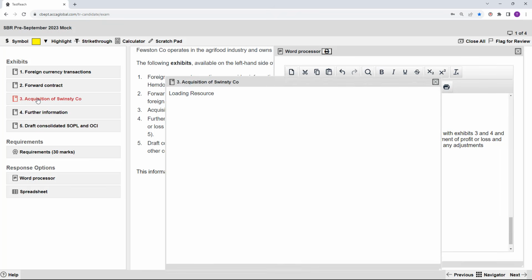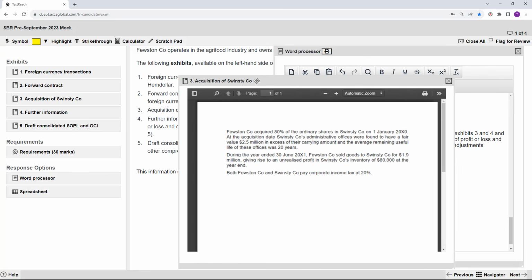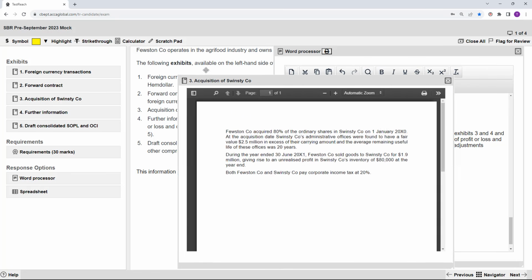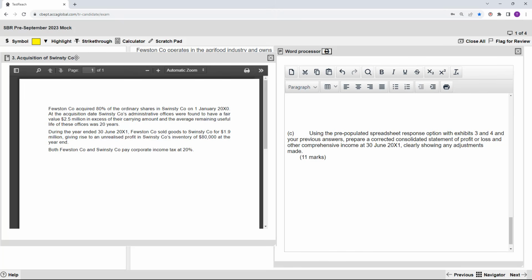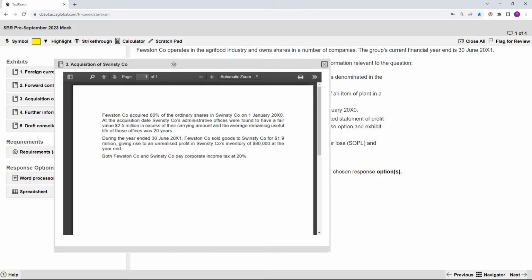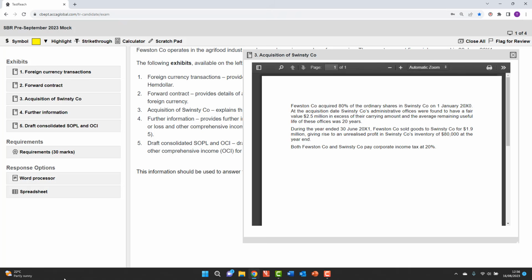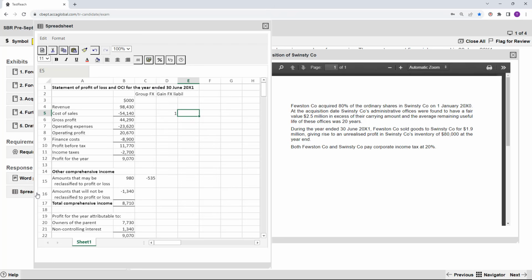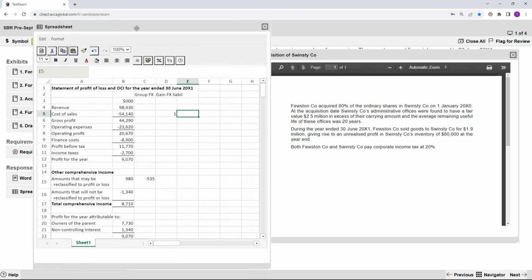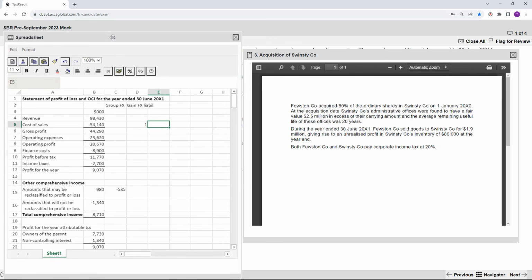So we've got to have a look at Swinsty, and we're not writing any answers, so we can now get rid of that for now. We're looking at the acquisition of another subsidiary, and we're wanting to process numbers on our spreadsheet.